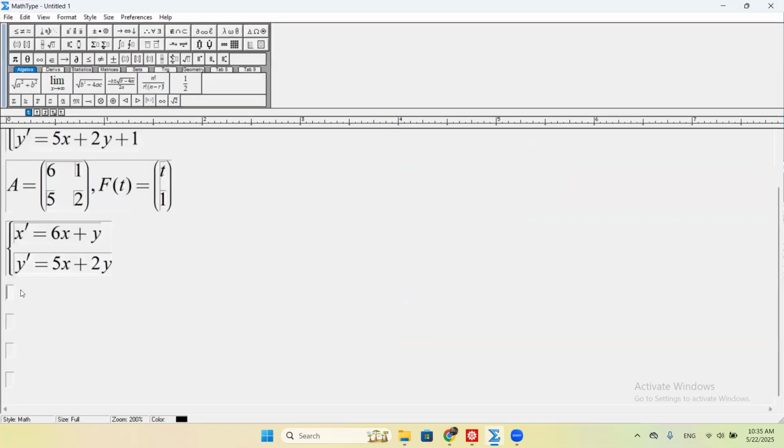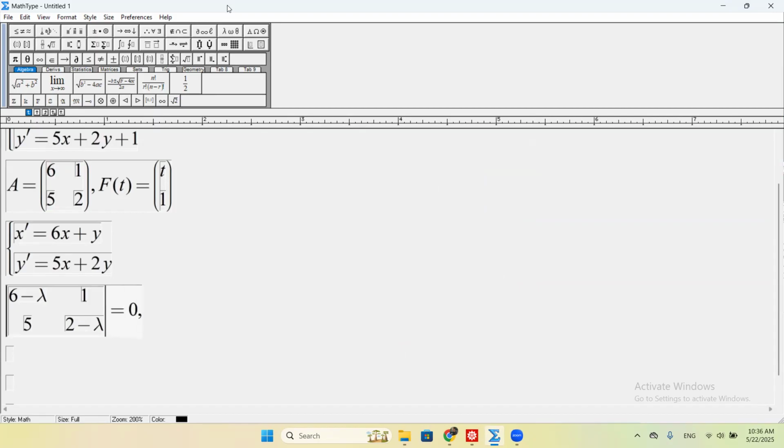We will solve it using the Euler method. Two minus lambda equals 0.